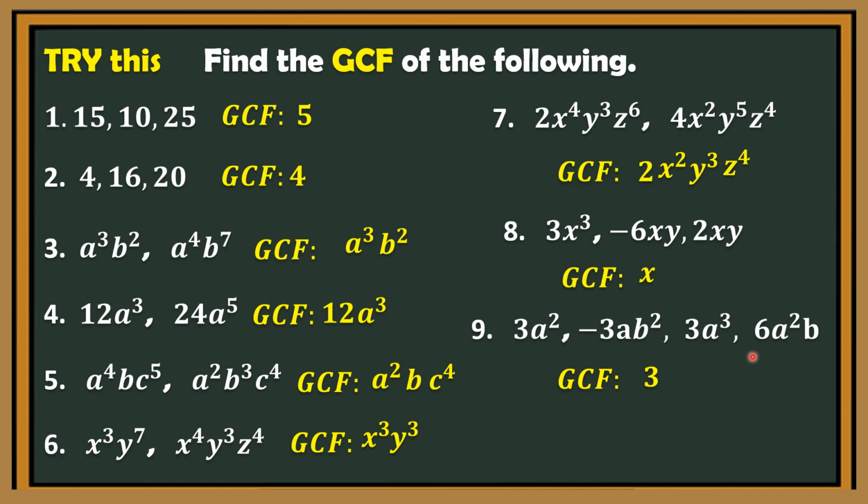A. Because the exponent of A here is 1, and this is the least exponent of A. How about B? Is it common to each term? No. Therefore, no need to get the greatest common factor of it. For these terms, the greatest common factor is 3A.